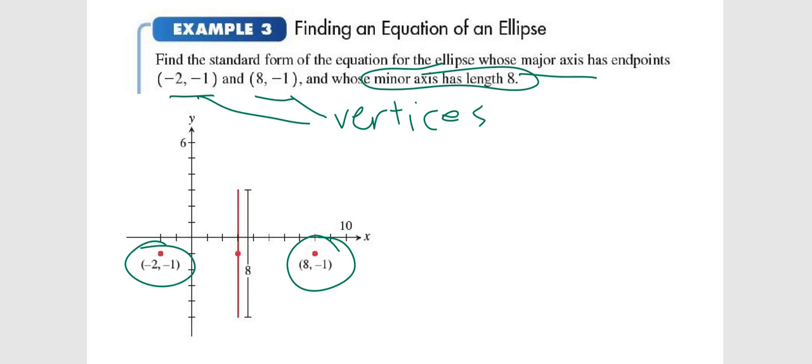Okay, what's the center? 3, -1. It is 3, -1, that's true. You can tell because it's halfway between the 2 vertices. That is also where the minor axis cuts through. You can see that they've drawn that. Now, why did they go 4 above and 4 below the center?